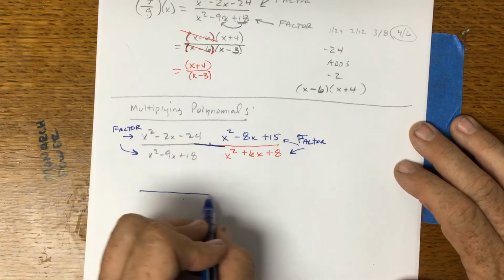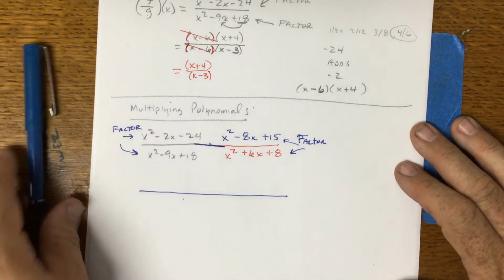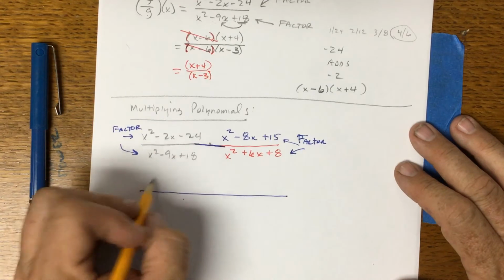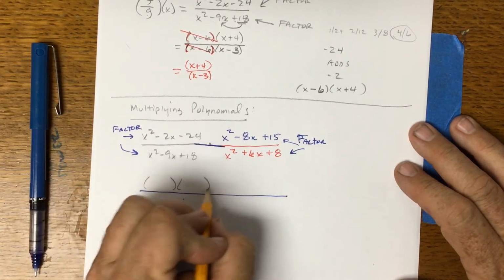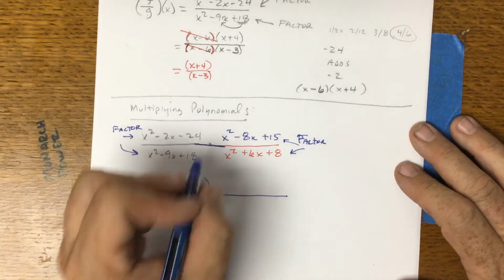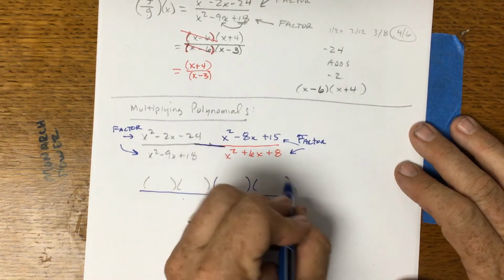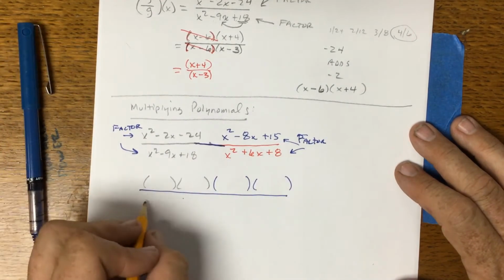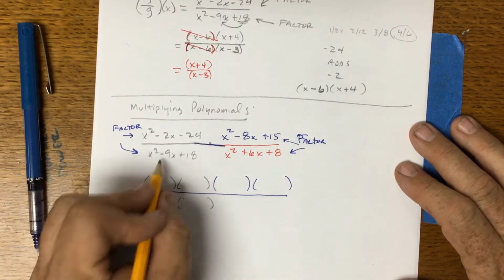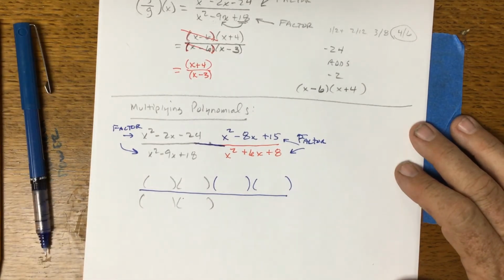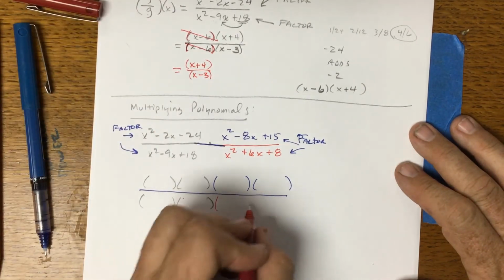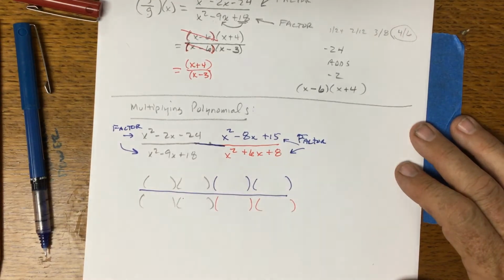I've got this piece that's going to get factored into 2 factors, my blue one that is going to get factored into 2 factors, my other one here, and my red one that's going to get factored.